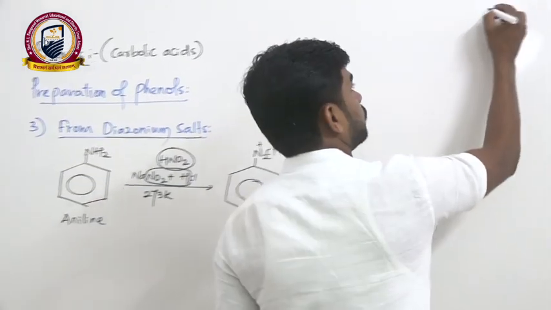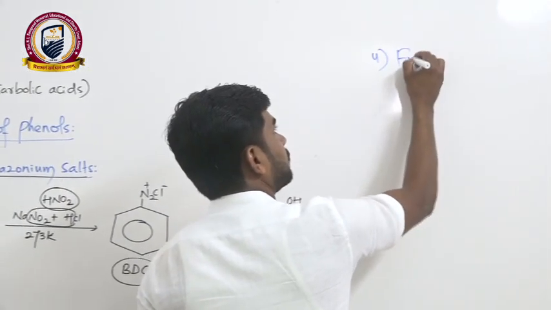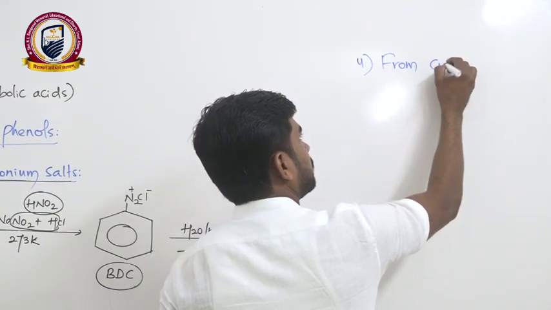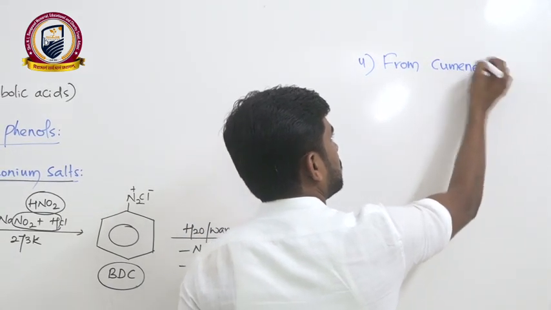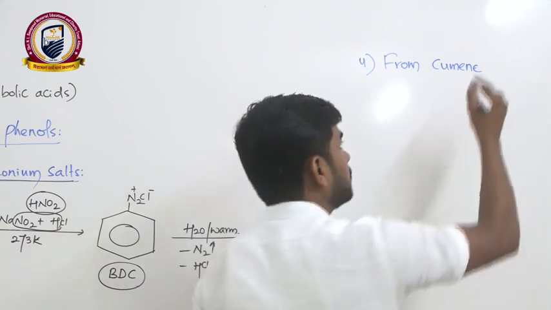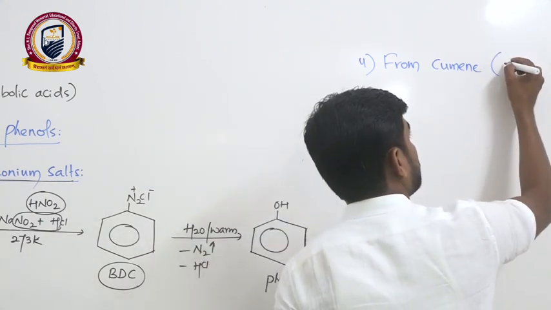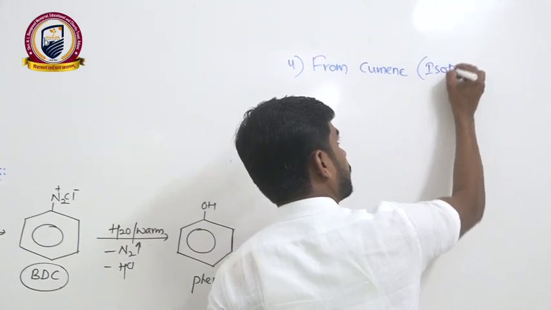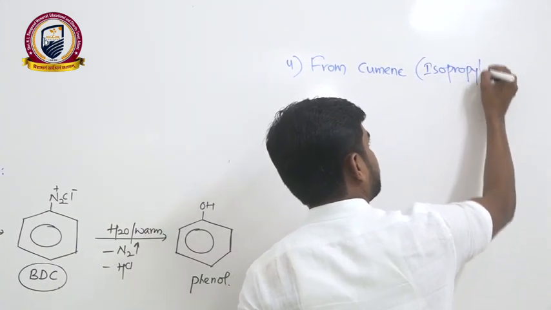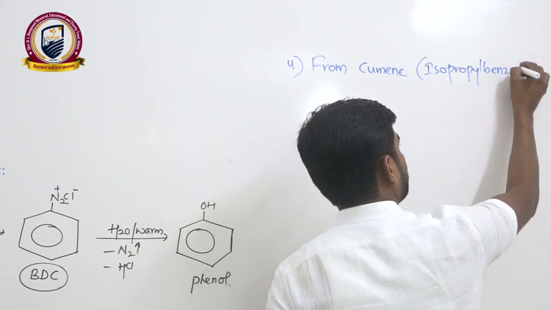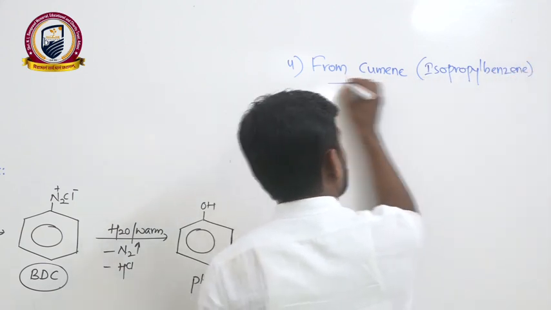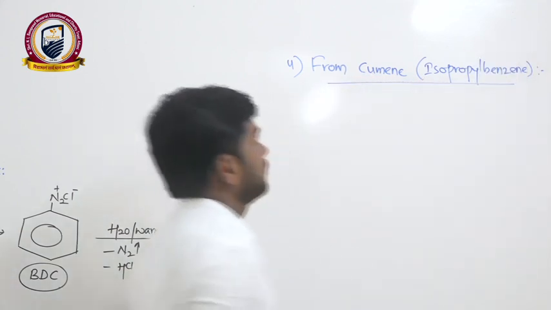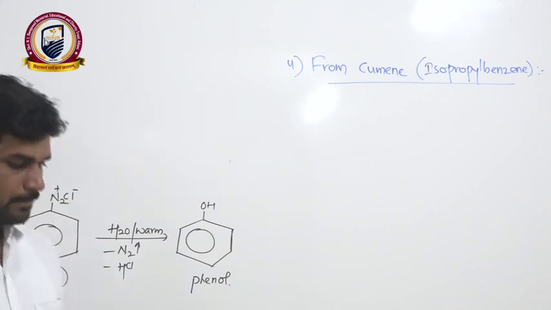That is the fourth one, from cumene. So cumene is a common name of the compound called isopropyl benzene.